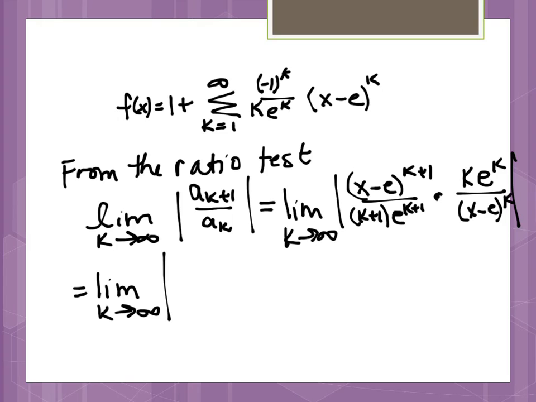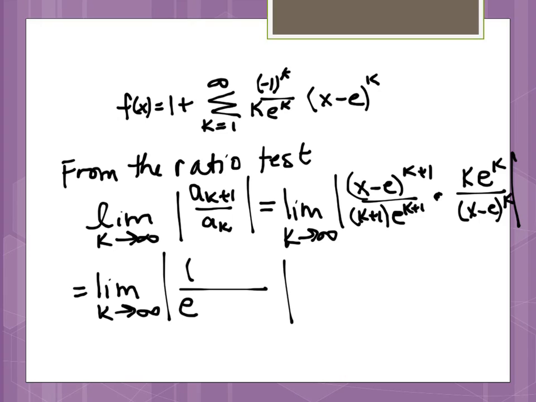All right, so somebody tell me something that simplifies and what I'm left with and where. E to the what? Where? Good. Right, I've got e to the k on top. I've got e to the k plus 1 in the bottom, so that's going to reduce to give me an e on bottom. All right, somebody else. X minus e.